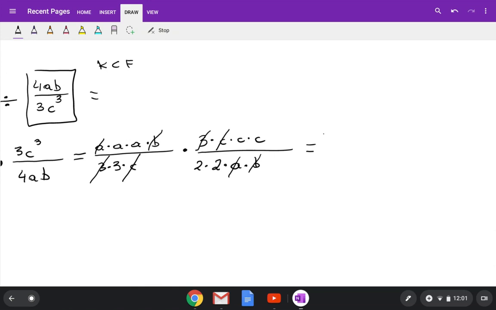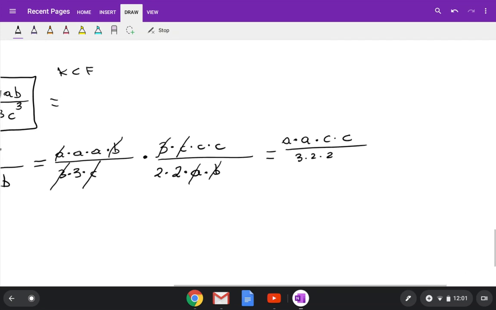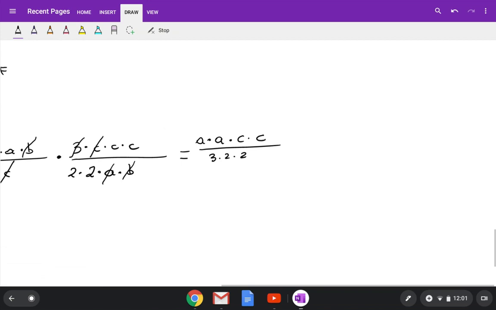So now we have a times a times c times c over 3 times 2 times 2. So I multiply numerators together and denominators together. Let's simplify this. a times a is a to the second power. c times c is c to the second power.